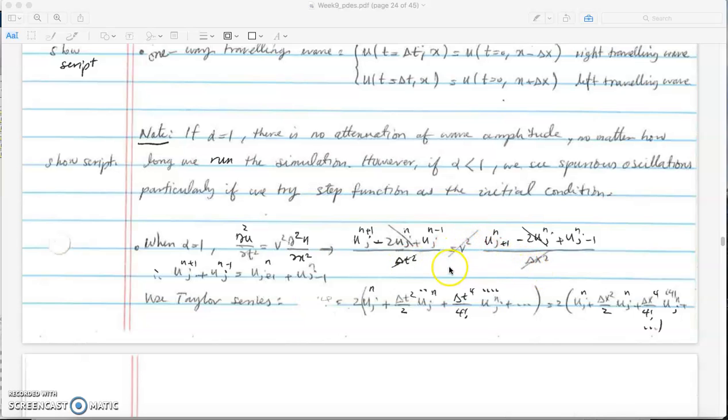So these three cancel out, and then the 2 uj n from both sides also cancel out. So what we're left with is just n plus 1 and n minus 1 on the left side and j plus 1, j minus 1 on the right side.